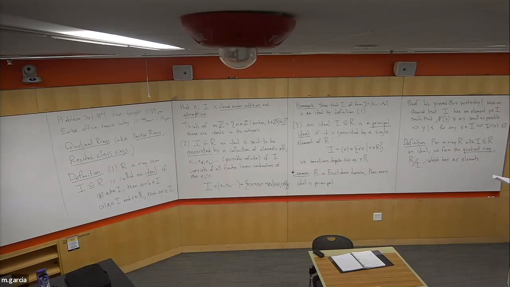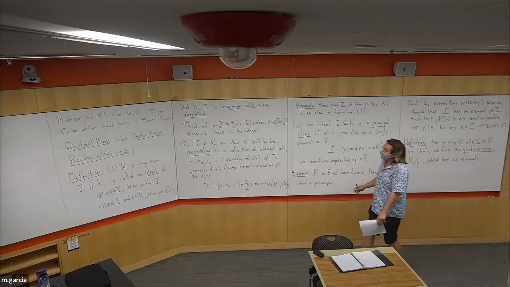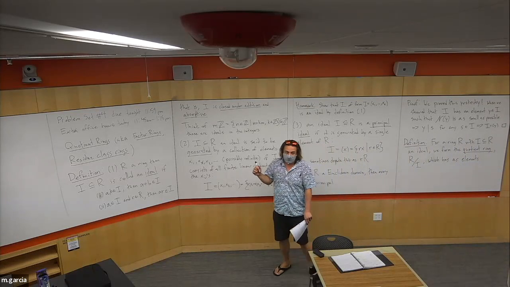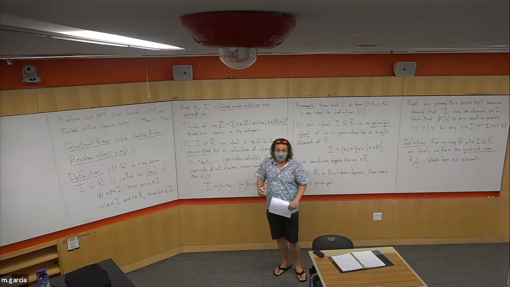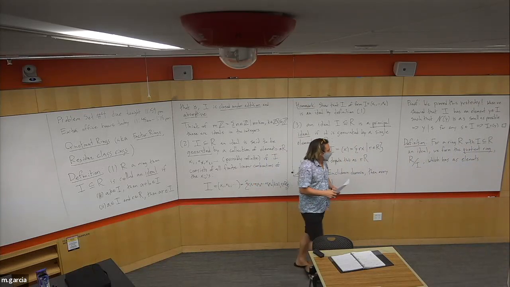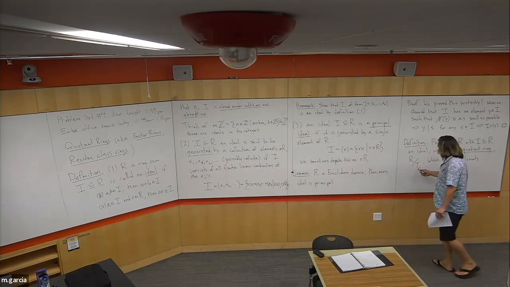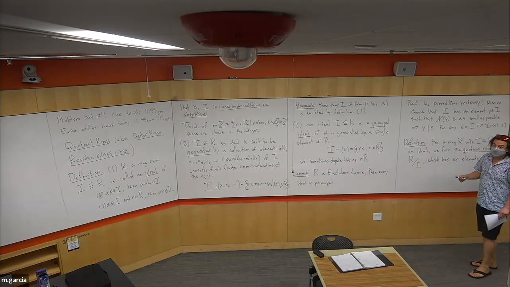So what I'm going to do here is just imitate exactly what the elements of the ring Z mod mZ are. I'm going to form residue classes. But now with regard to some general ideal I, not just mZ.